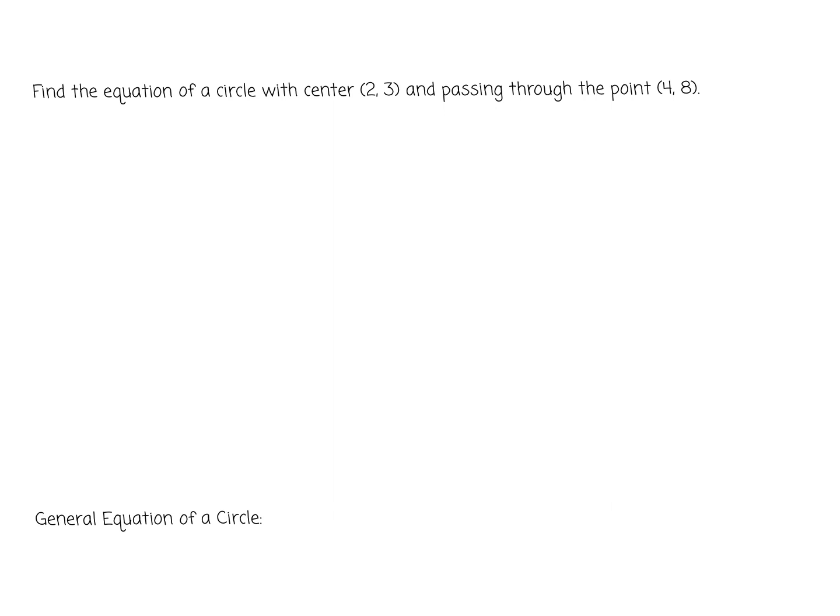So I can always graph it and see if I can find the distance, like if it ends up being a point directly vertical or horizontal from my center. But in this case, it's not, which means in order to find my radius, I'm going to use my distance formula. So I'm going to let 2, 3 be x1, y1, and then 4, 8 be x2, y2.